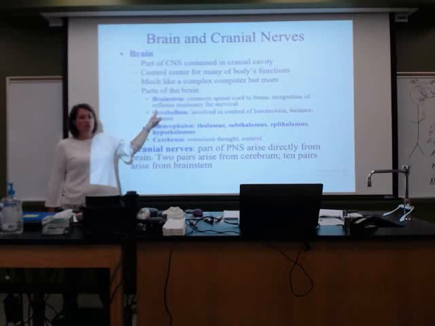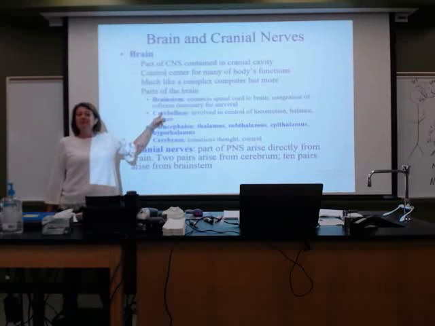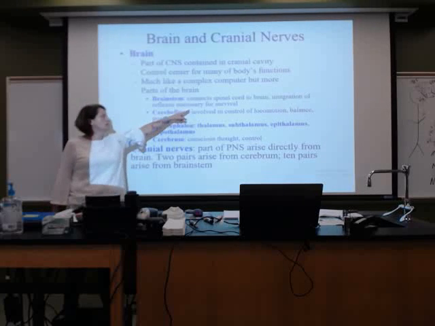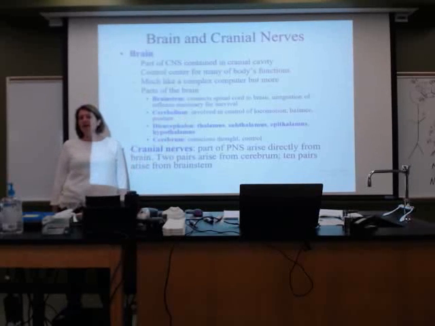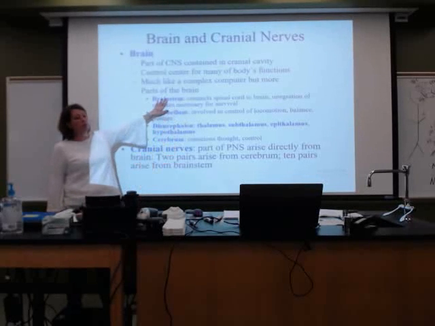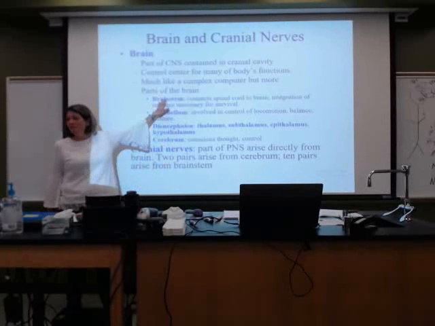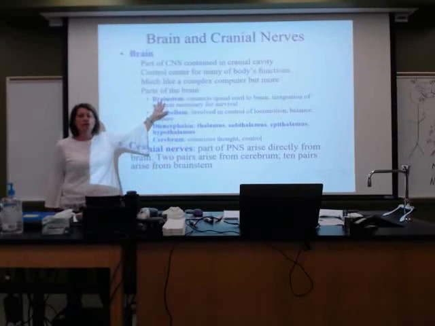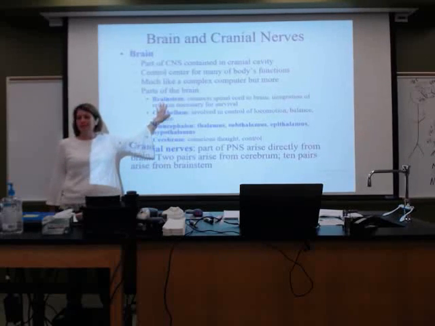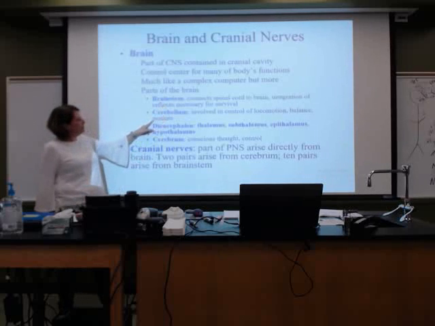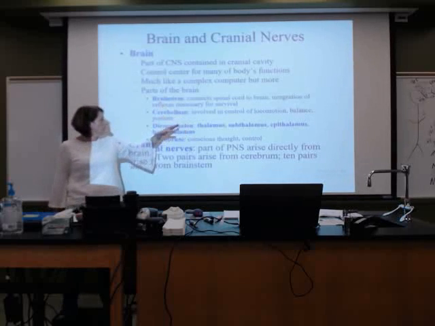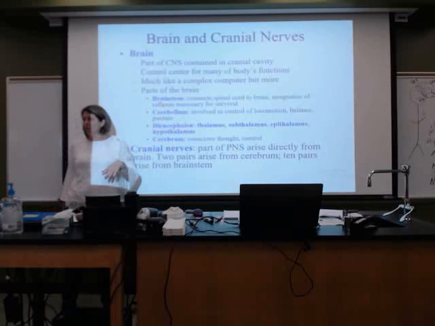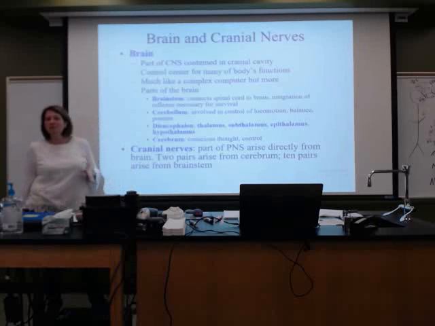It is integration of reflexes, sensory to motor, information needed for survival. This is my primitive area. This is where I get homeostasis. My cerebellum: locomotion, balance, posture, movement. A lot of it is involved with the movement of our bodies.